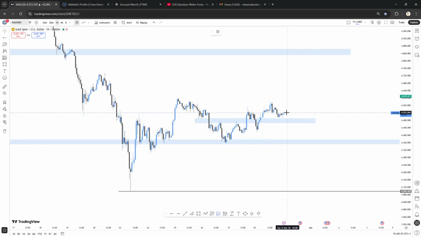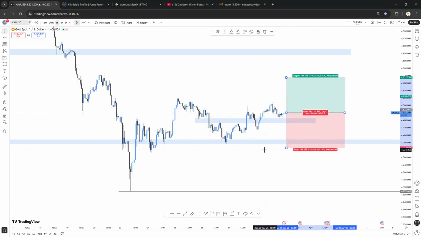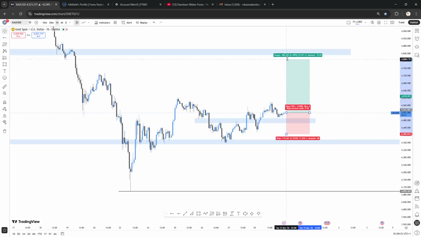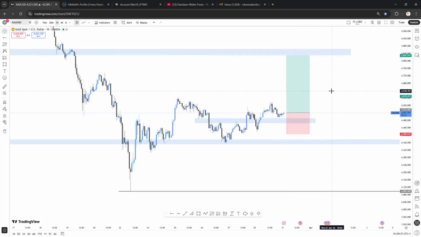You can choose to enter at this level with your stop loss below this previous low. The stop loss is a bit bigger, and you're going to target this zone right here. So that's what you're going to look out for.